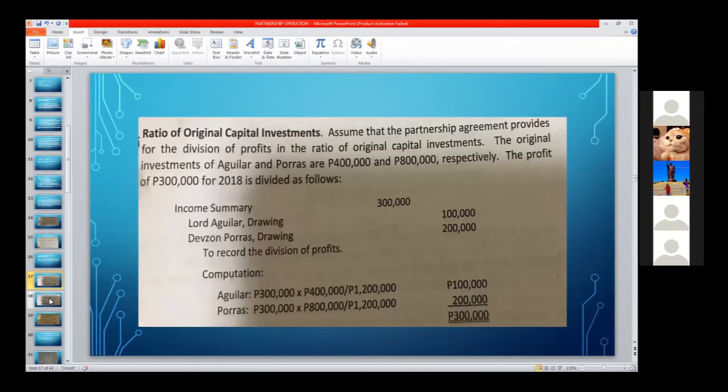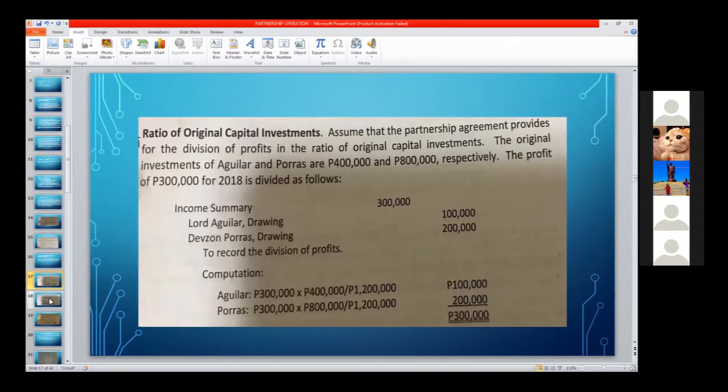Andyan na yung computation. So yung 300,000 na profit, i-multiply mo siya sa 400,000 na investment ni Aguilar. Then divide mo dun sa total na 400 plus 800. Kaya nakuha yung 1,200,000. So ang nalabas is yung 100,000.